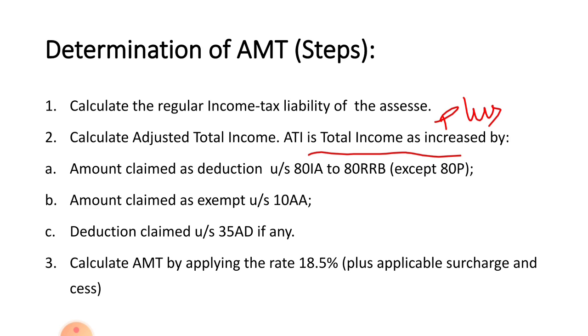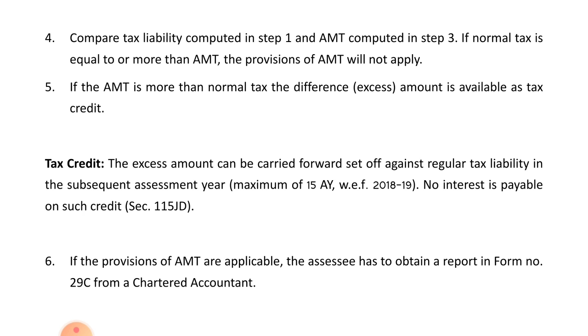After calculating this alternate minimum tax, the next step is comparing the tax liability calculated on normal income in step 1 and alternate minimum tax computed on adjusted total income in step 3. You have to compare these two things.